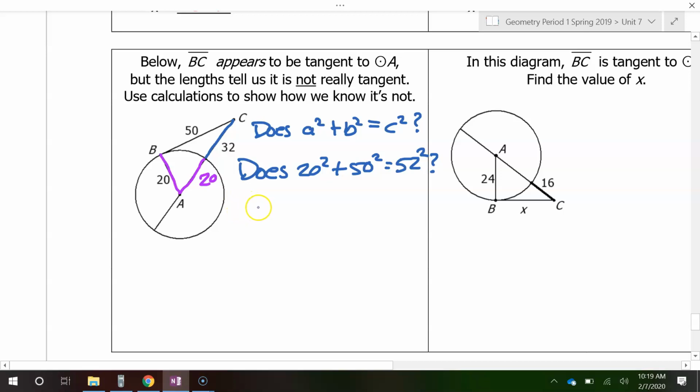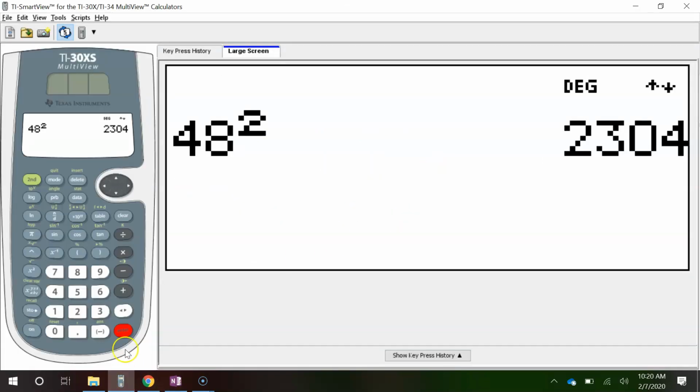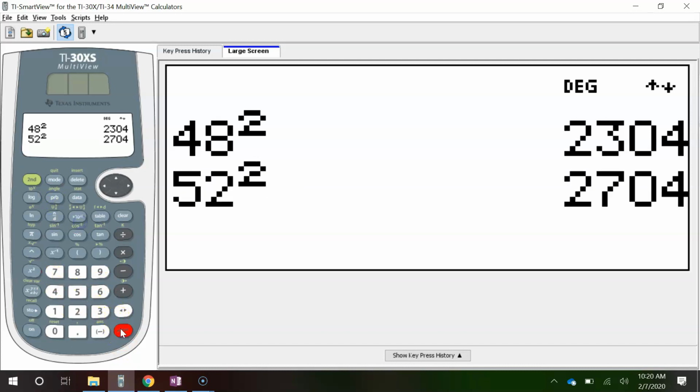Does 400 plus 2,500 equal 52 squared? Right, 2,704.